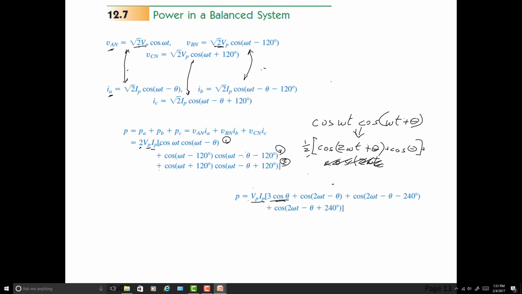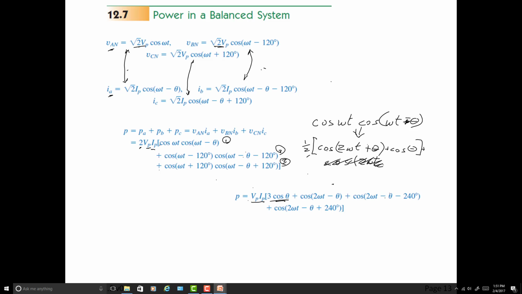What did I have? Oh, I got this wrong from the beginning. This was a minus in here, right? So that made the plus cosine right away. So then that was 2 cosine 2 omega t minus theta, where I added those 2. And then I did the next term, where I had the same thing, where I had to add omega t minus 120 degrees with omega t minus theta minus 120 degrees.